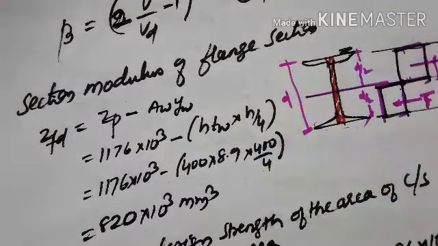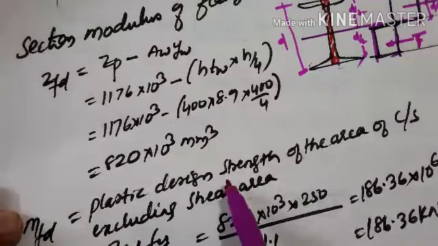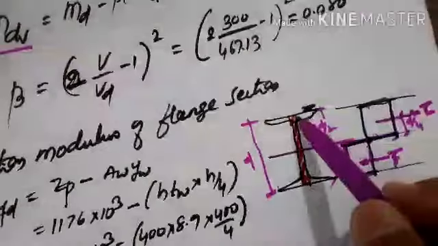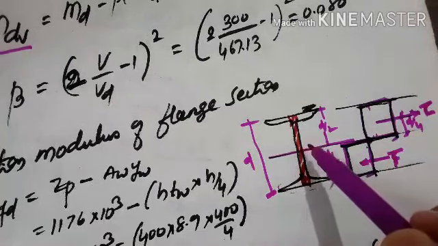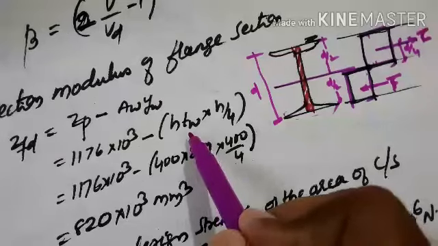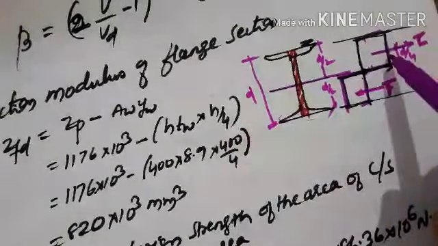Okay, this is the formula. So here it is given, the plastic design strength of the area of cross section excluding shear area. So you have to deduct this shear area, this much you have to deduct. For that, H into TW, area multiplied by 1/4, you have to take this one.